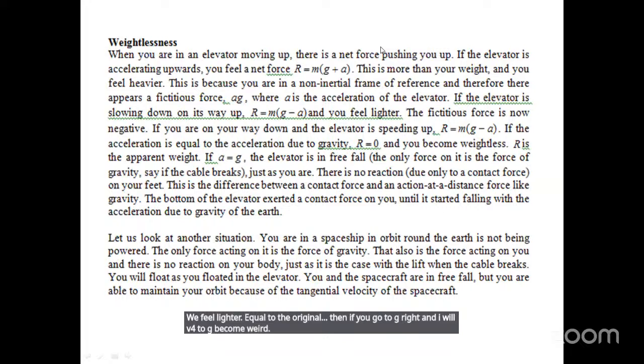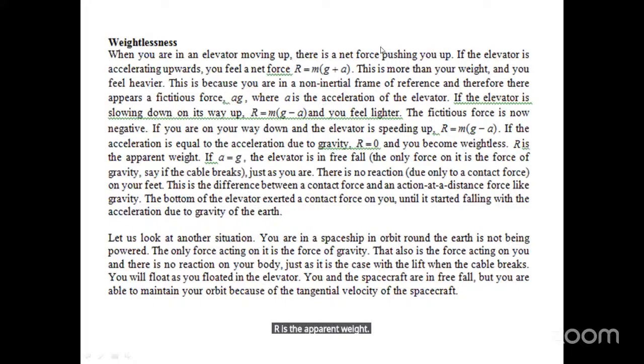R is the apparent weight. If A is equal to G, the elevator is in free fall. When you say a body is in free fall, it is when the only force acting on it is the force of gravity.